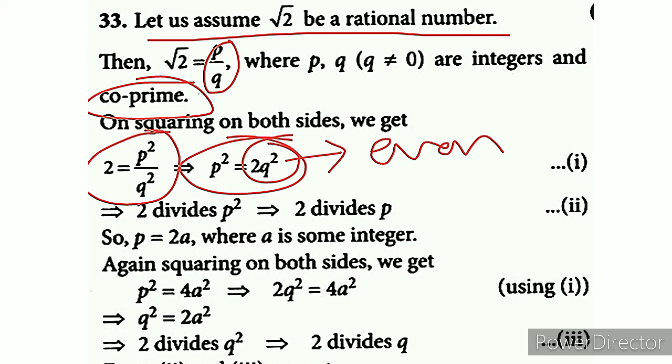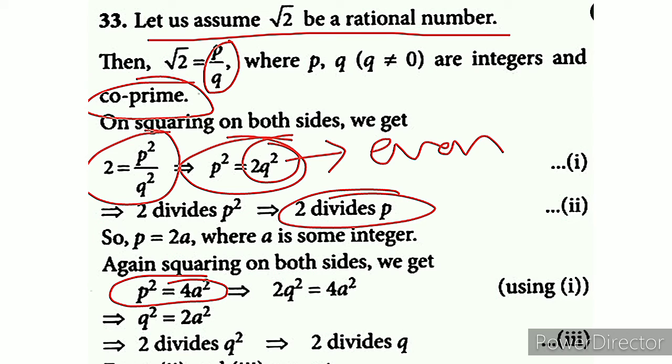Since the square of p is even or a multiple of 2, p must also be a multiple of 2, or 2 must divide p. So we can write p equal to 2a, where a is some integer. It means we can write p in the form of an even number, that is 2a. Again, squaring both sides, we get p square equal to 4a square.